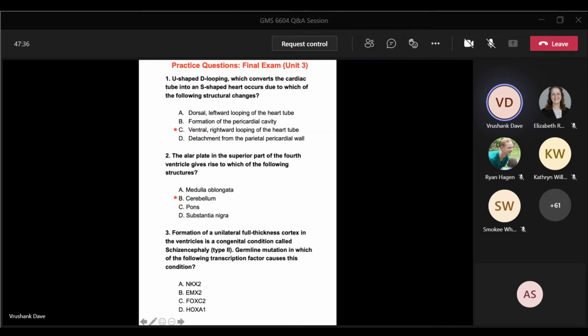Okay, how many of you know what NKX2 does in early development? Let's go one by one. If it's inactive, that's an atrial septal defect, right? That's correct. If you have a mutation, there will be an atrial septal defect, and it is one of the pioneering genes involved in cardiogenesis.